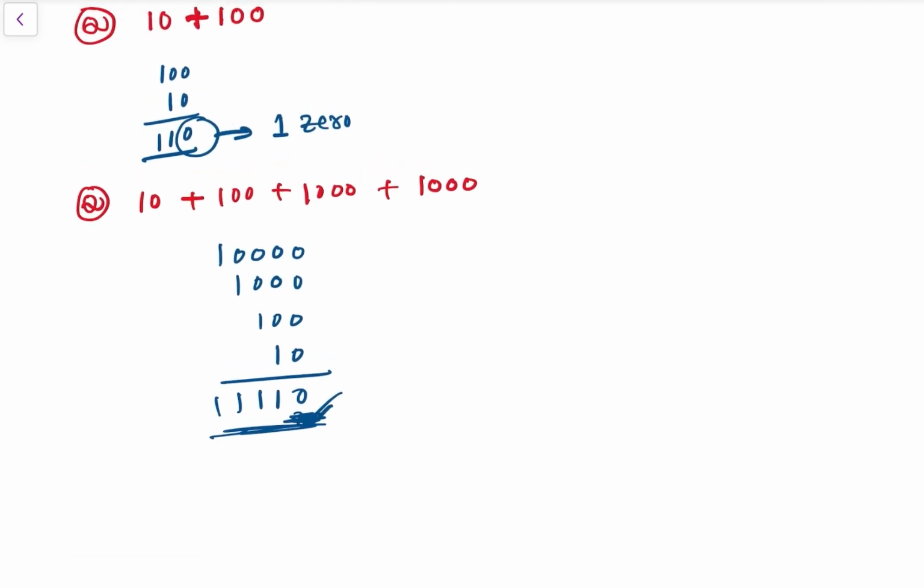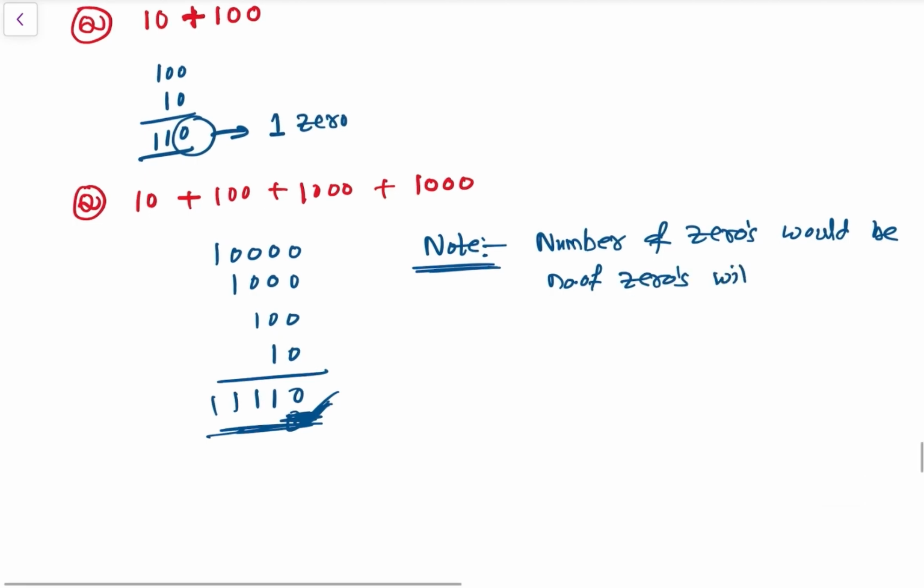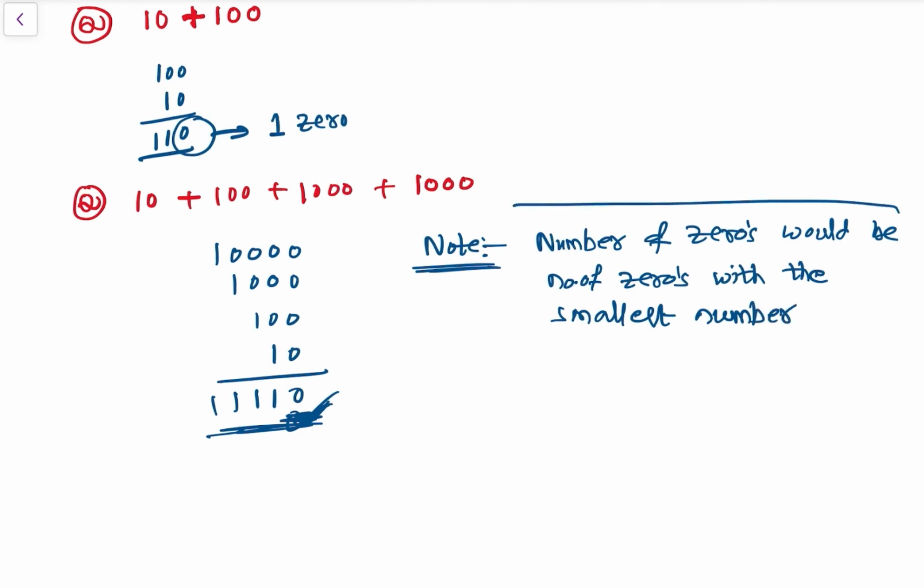So what we are able to understand here is, note this down: when we are adding, the number of zeros would be the number of zeros with the smallest number.